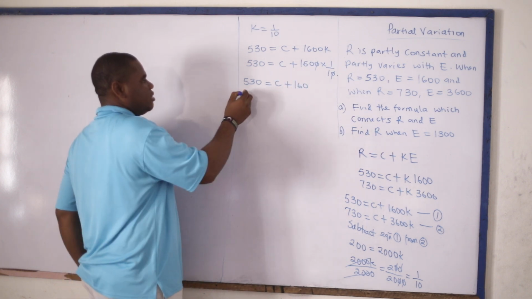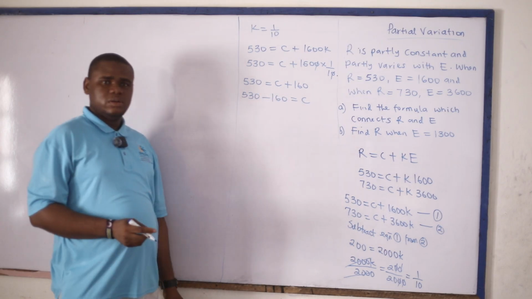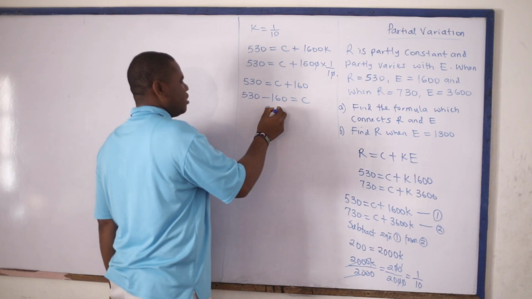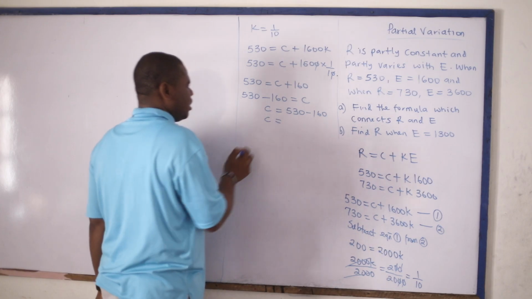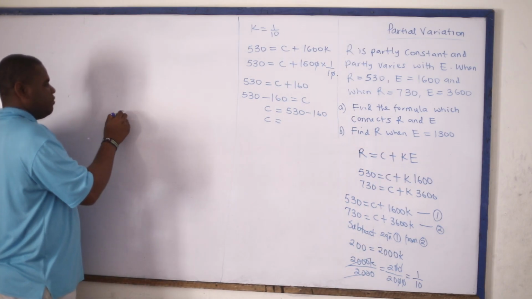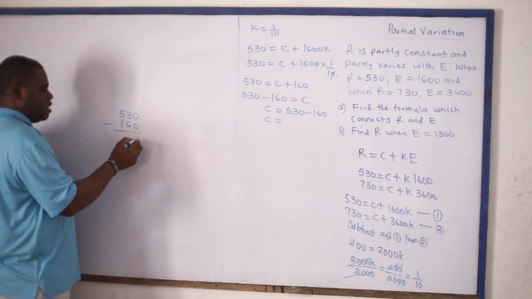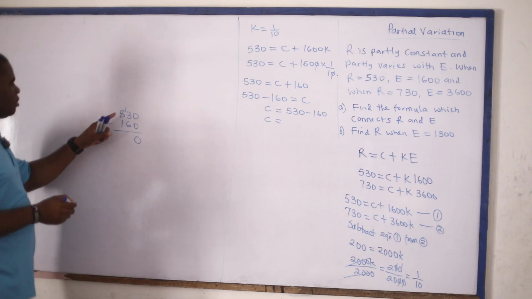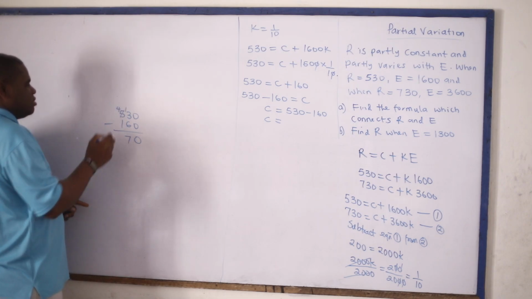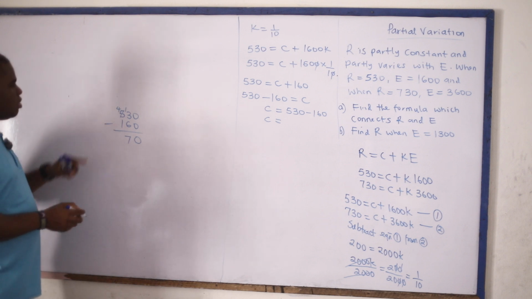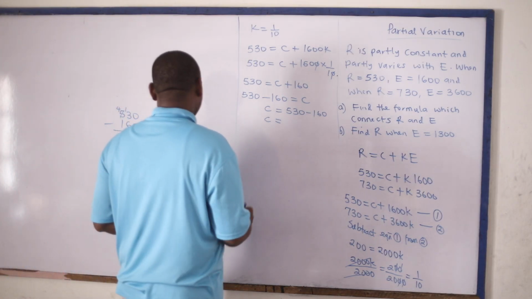So 530 minus 160 is equal to C. Let's solve that here: 530 minus 160. 0 minus 0 is 0, 13 minus 6 gives us 7, and 4 minus 1 gives us 3. So we have 370.